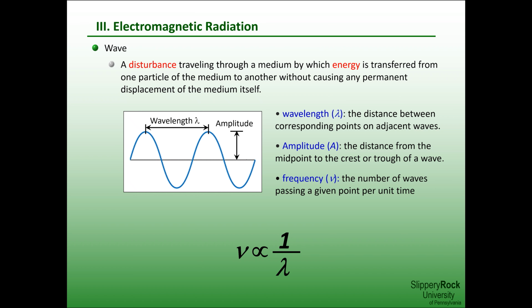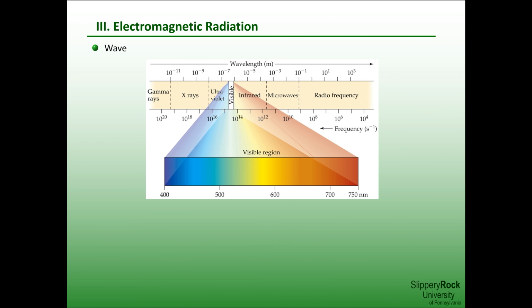For instance, gamma rays have extremely short wavelengths and very high frequencies, while radio waves have very long wavelengths and very low frequencies. This slide presents the electromagnetic radiation, a continuous range of electromagnetic waves characterized by their wavelengths and frequencies.